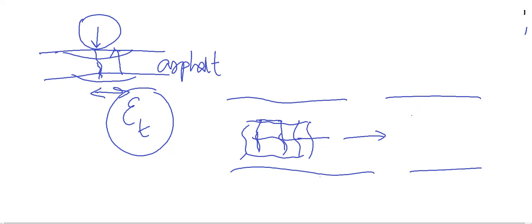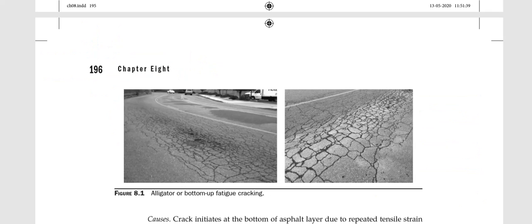Most cracks will be along the wheel path, then propagate, and the whole pavement will be cracked. So you can see that it is propagated all over the pavement.